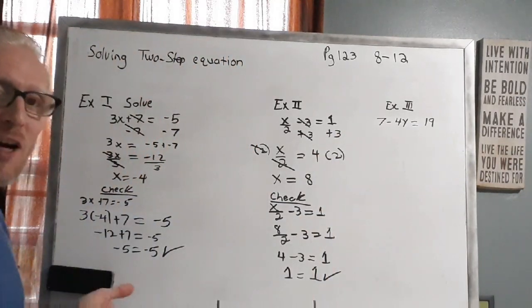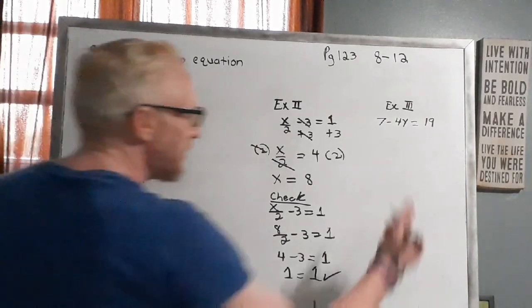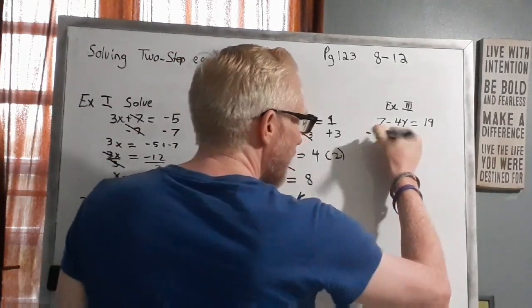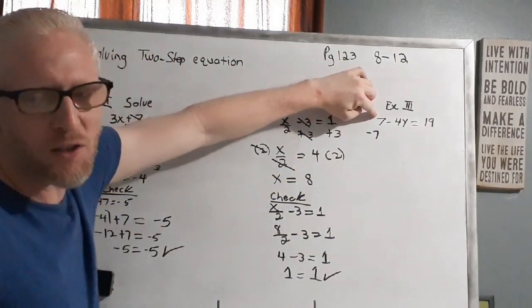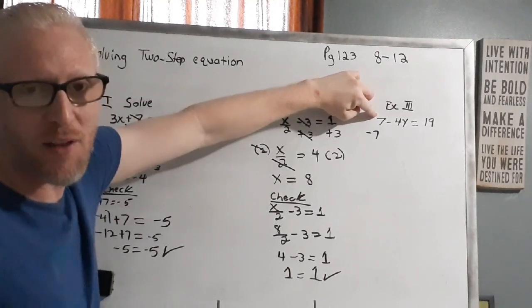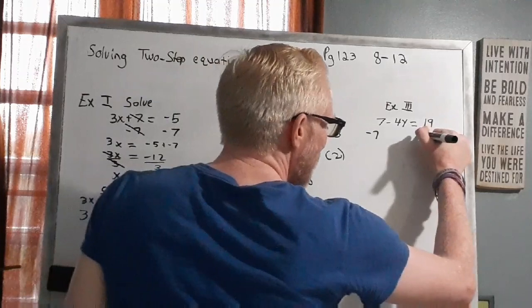The 7 is positive, so the only possible way for me to get rid of that positive 7 is by subtracting 7. Okay? And it's because this 7 is positive. So I want the opposite sign of that. So the opposite sign of positive 7 is negative 7. And I do the same thing on this side.